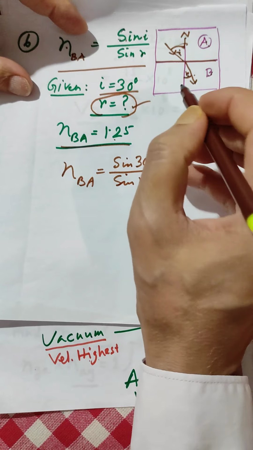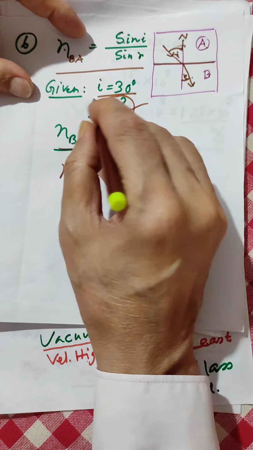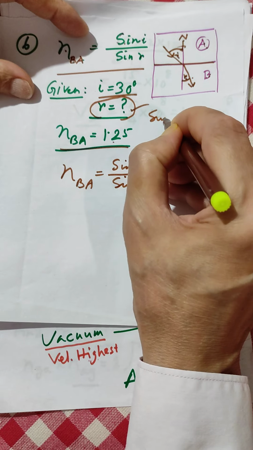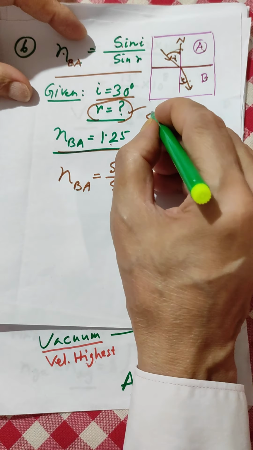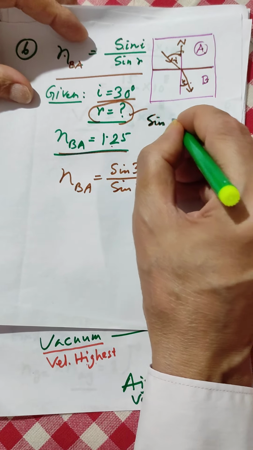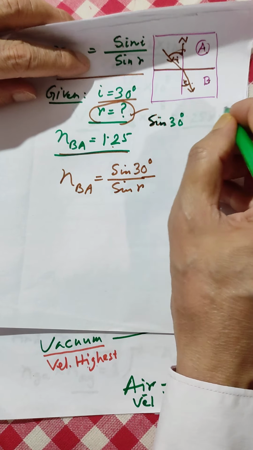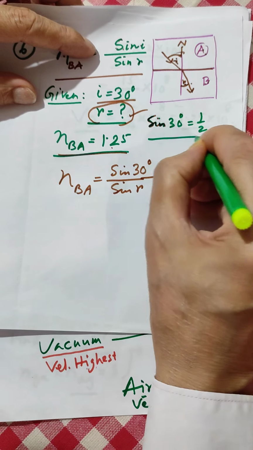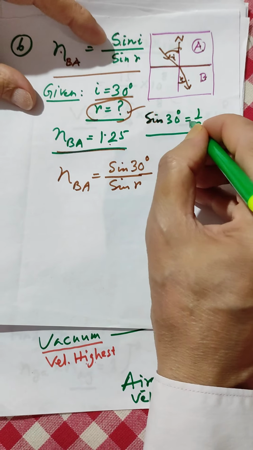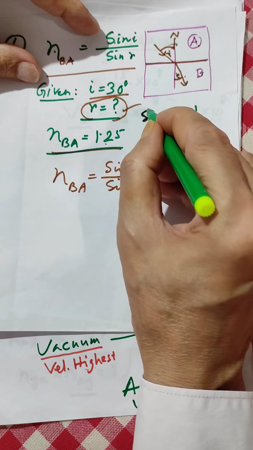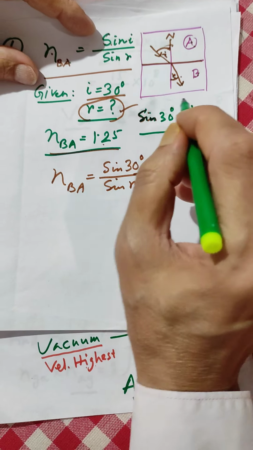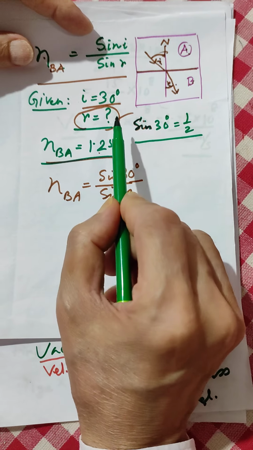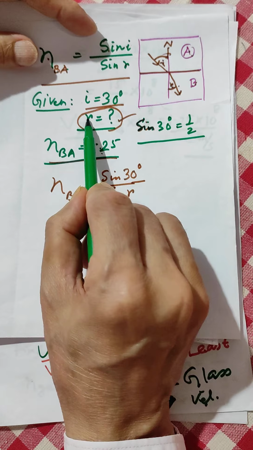Now the sin 30 value will also be given. Sin 30 value is given as 1 by 2. Now when you learn trigonometry, you will learn these values. But for your purpose in the science question paper, this value will be given. So this is given, this is given, you have to find r.